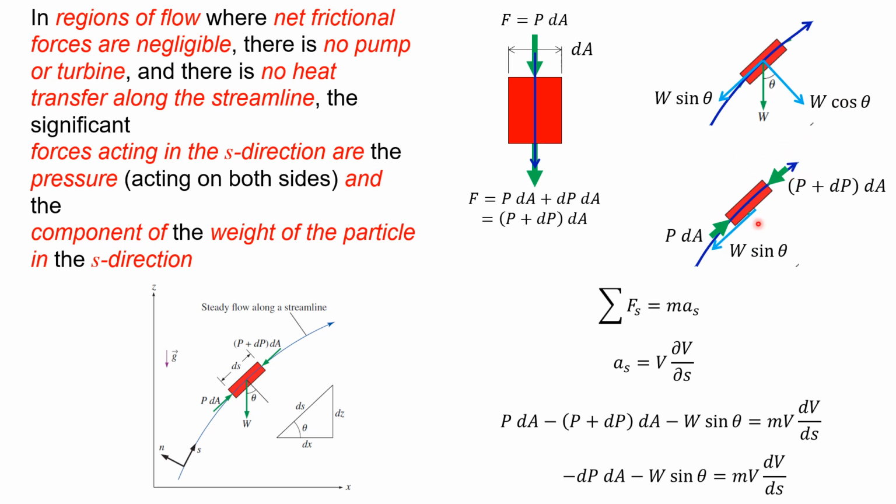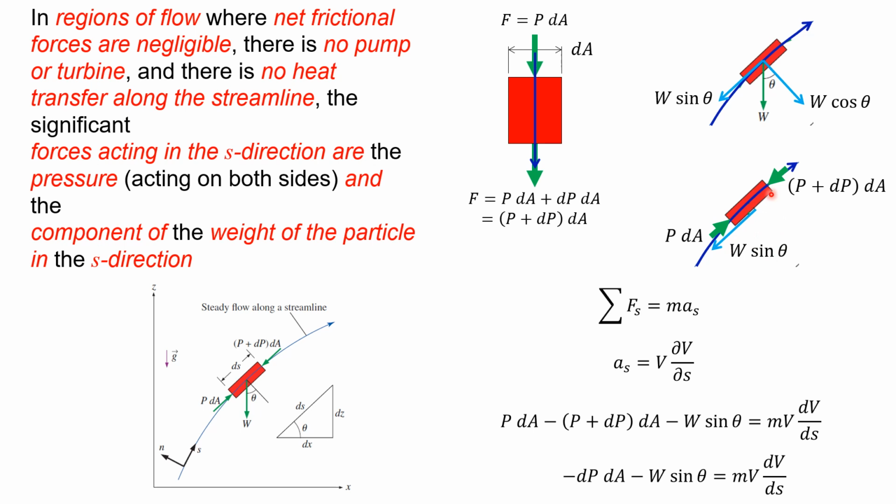Based on this, we just take along the streamline. P dA will go forward, but opposite you'll have another force, and you also have a force in the sine component.